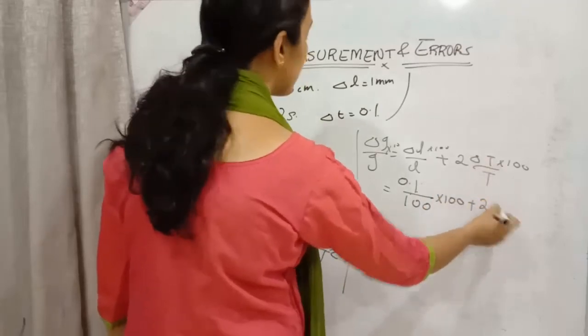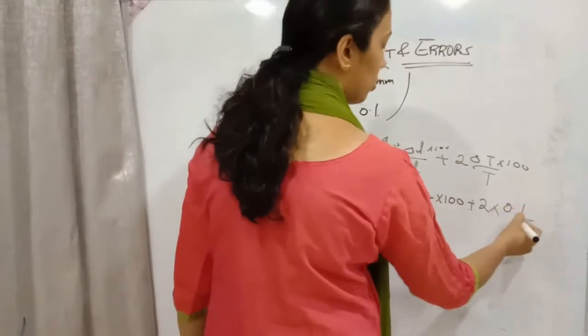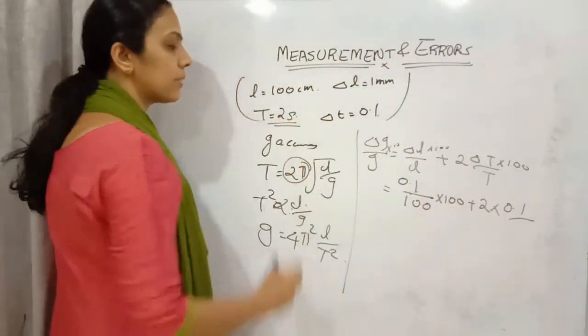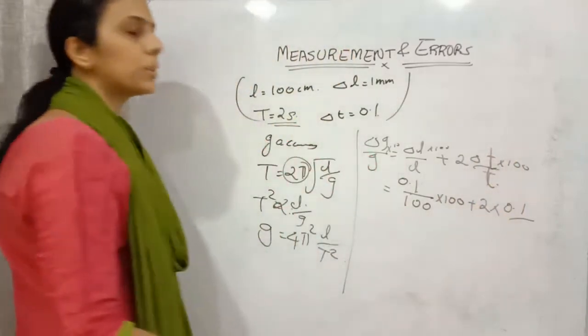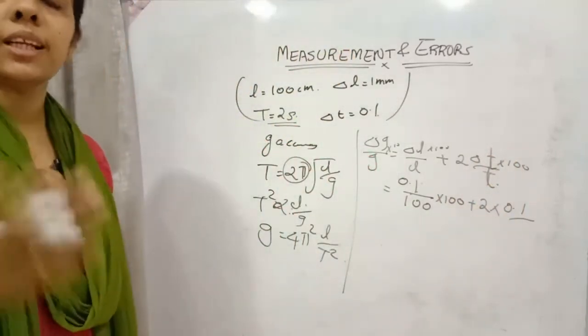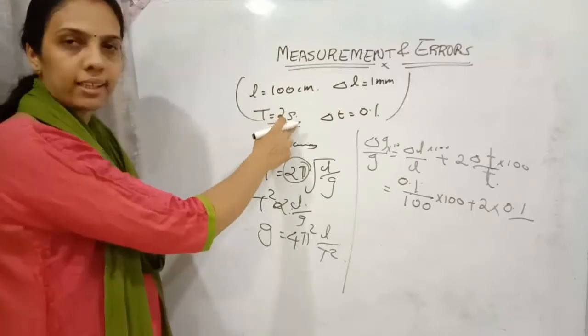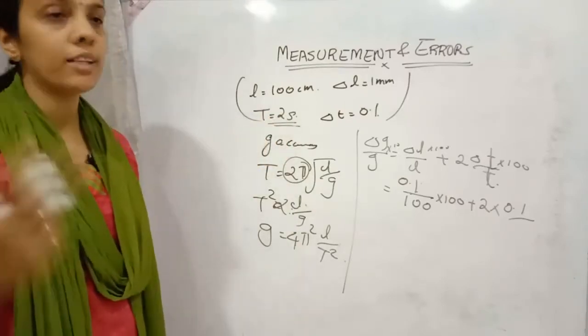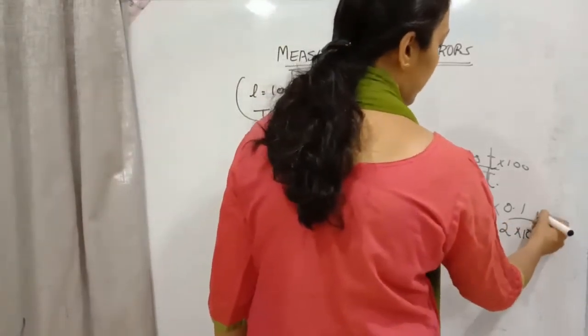2 into, what is delta T? Delta T is the 0.1 second resolution. The period of oscillation is given as 2 seconds. So what will be the total time? It is 100 oscillations we took. The time needed for one oscillation is 2 seconds, so the time required for 100 oscillations is 2 into 100, into 100.